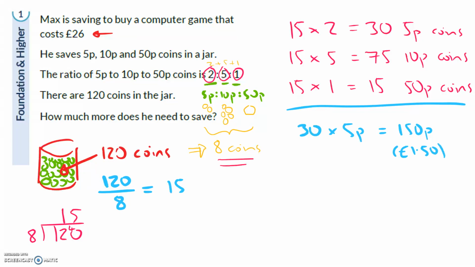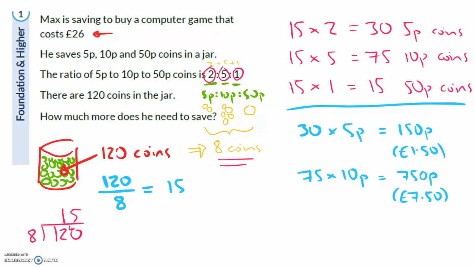Okay, what about the 10p's? Well, we had 75 10p coins. That's got to be 75 times 10p. I reckon that's 750. Stick a 0 on the 75. 750p or £7.50. Okay, 50p's.